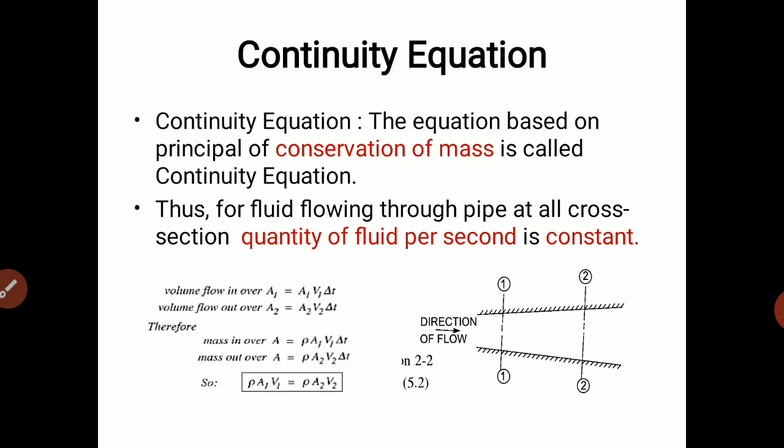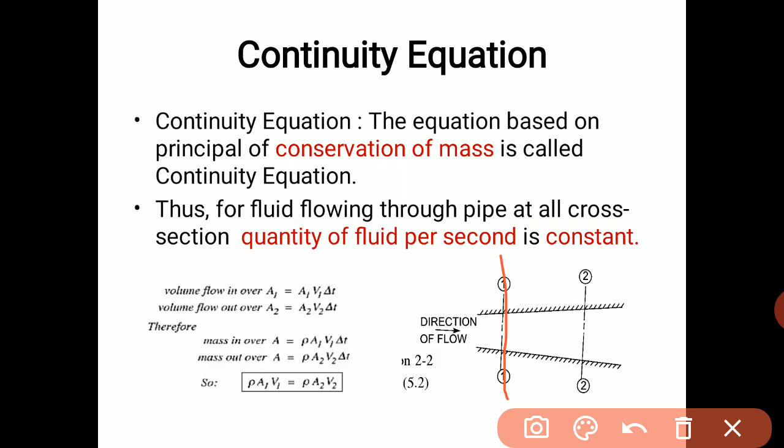So flow, that is A1 V1 is equal to A2 V2. What is the volume of flow in the pipe at the first point? That is A1 into V1 into t.